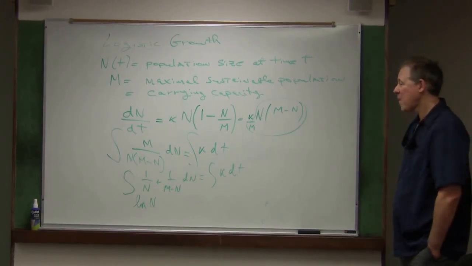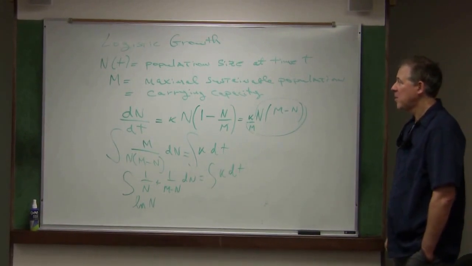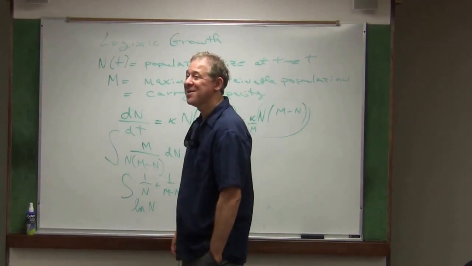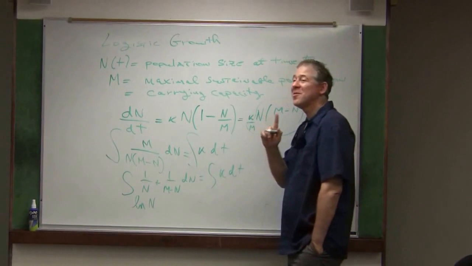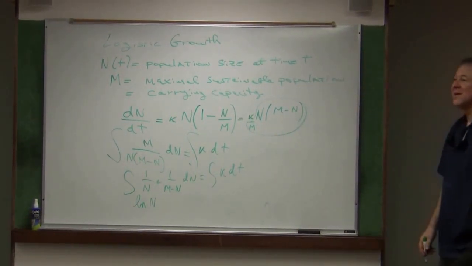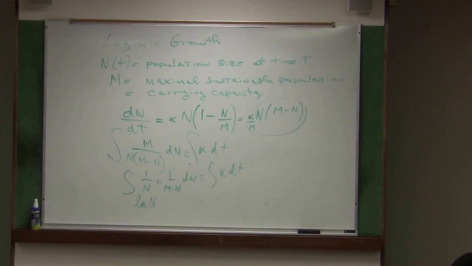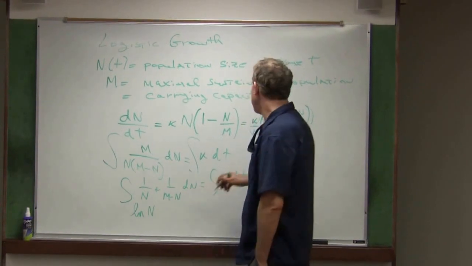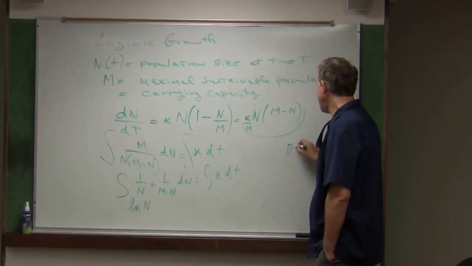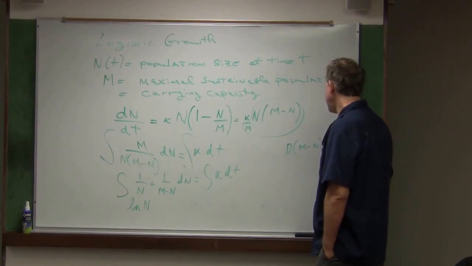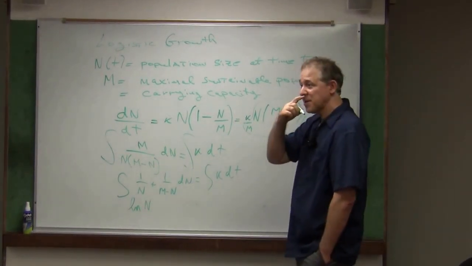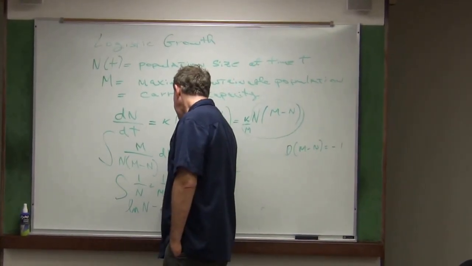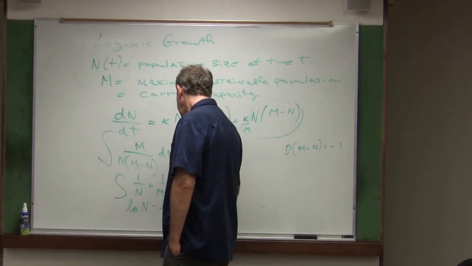Is it ln of M minus N? Chain rule, you're missing one thing. Minus the derivative of the inner. If you differentiate M minus N, you get negative 1, so you have to compensate for the chain rule. So this is going to be minus ln of M minus N.